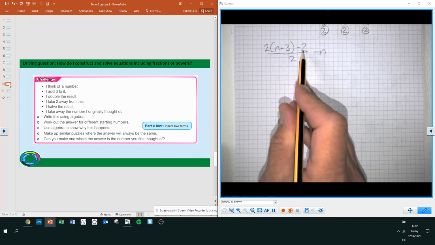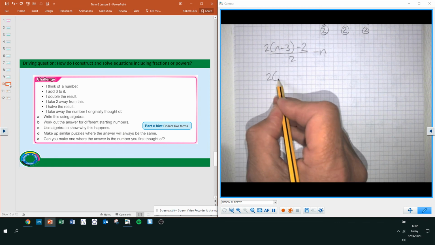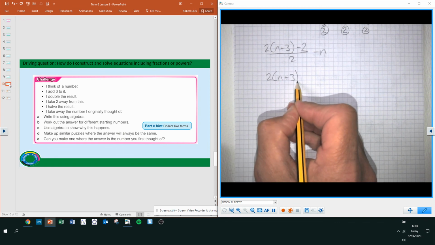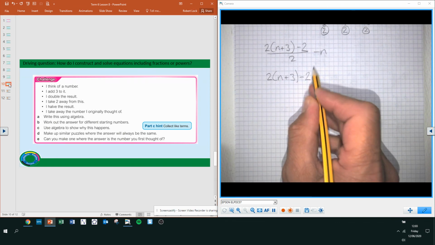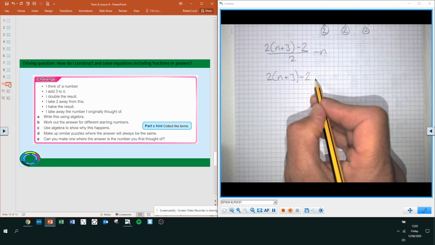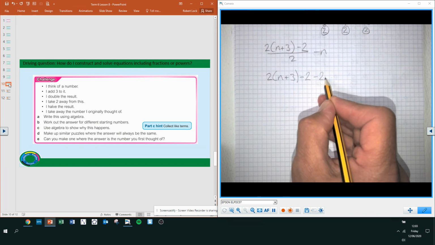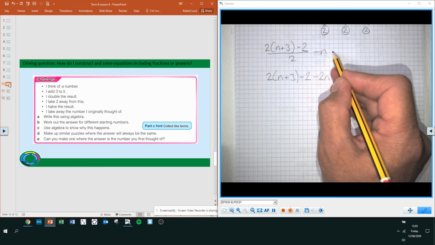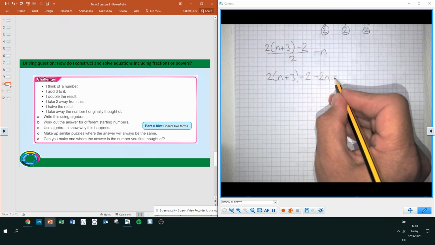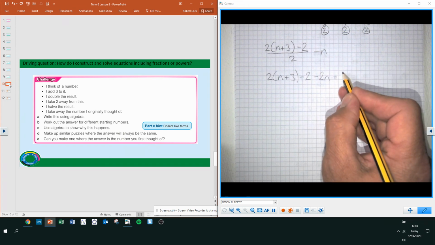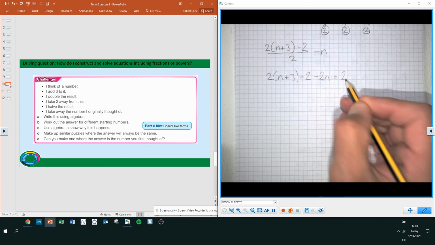So we end up with 2 bracket n plus 3 close bracket minus 2. And this has got to be times by 2 as well, minus 2n. And there's an equal sign really there.